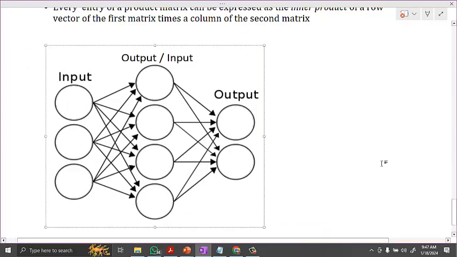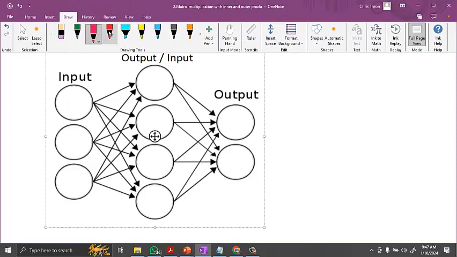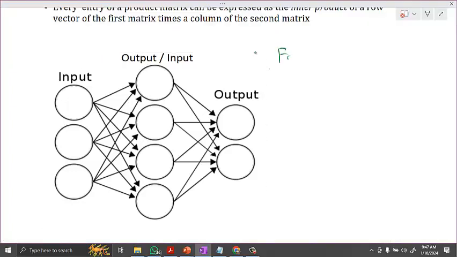Now, instead of looking at one input and one output, I can look at the influence of each intermediate state. So I'm just going to focus on one intermediate state. Let's look at this one here.